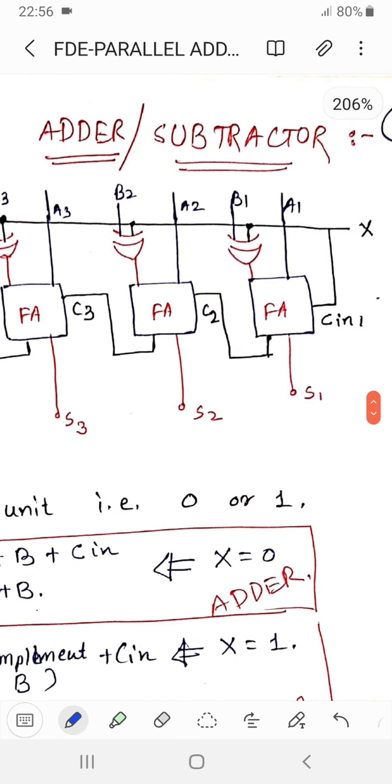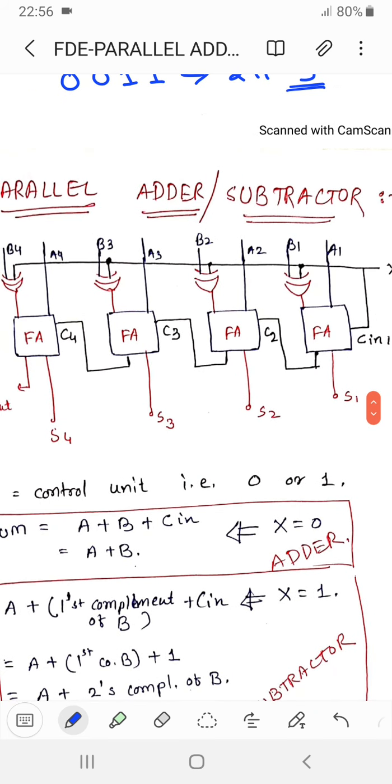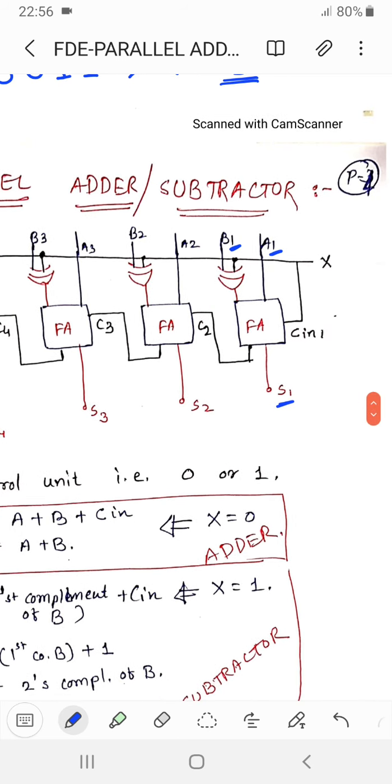In this circuit, as in our previous adder or subtractor circuitry, each and every bit has its own full adder. Check here: this is A1, this is B1, the two inputs, S1 is the output of the full adder, the third input is C in 1, and the output C out, that is C2, is forwarded into the next full adder.